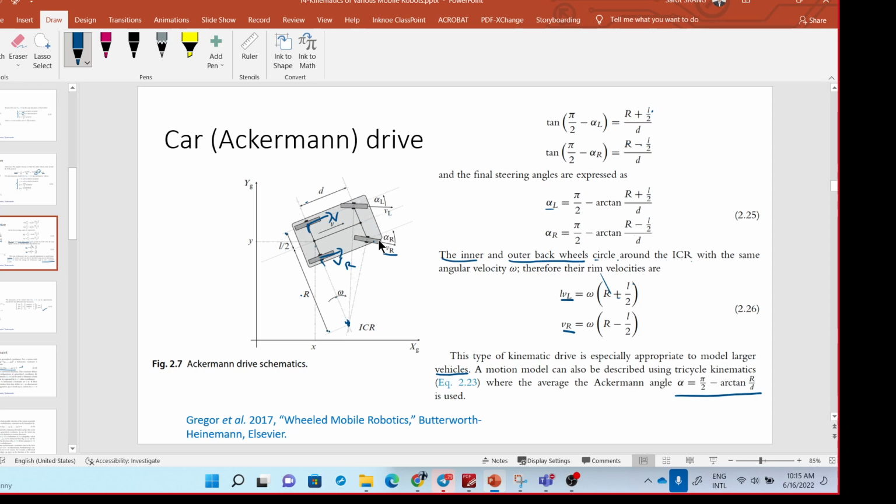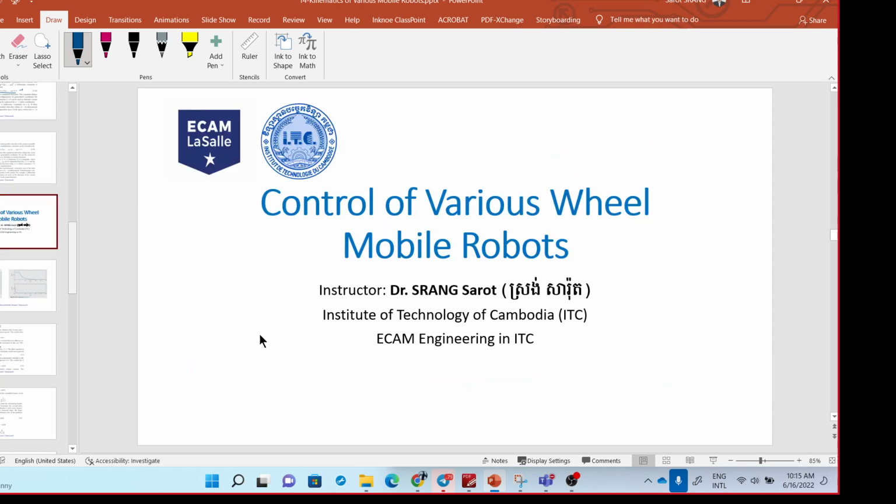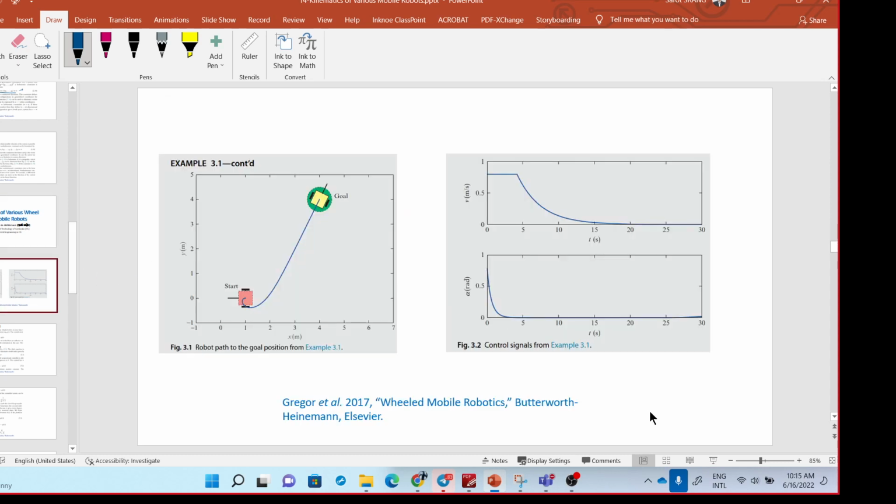All right then, I continue to the second part of today's lecture. During the next 1 hour, I will be covering the control of various wheeled mobile robots, in the sense of driving the robot to the reference position with the reference orientation.